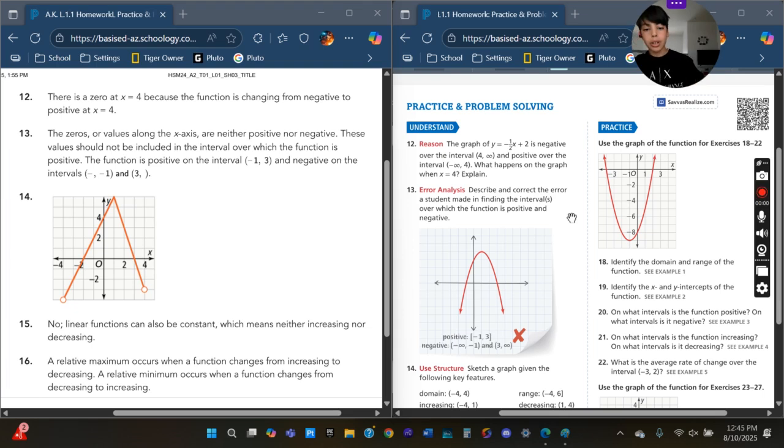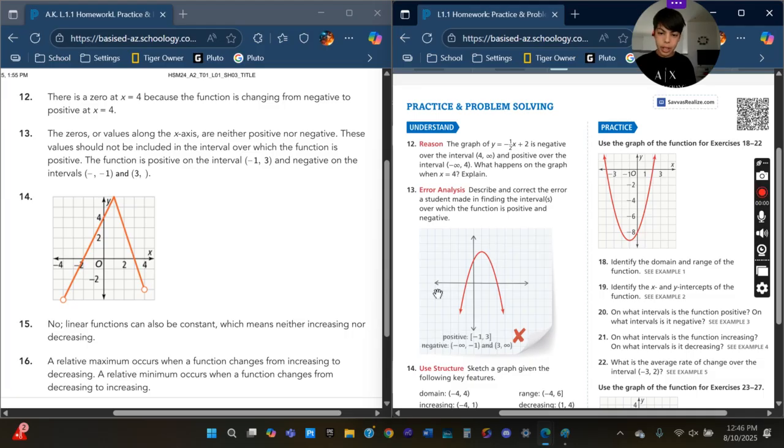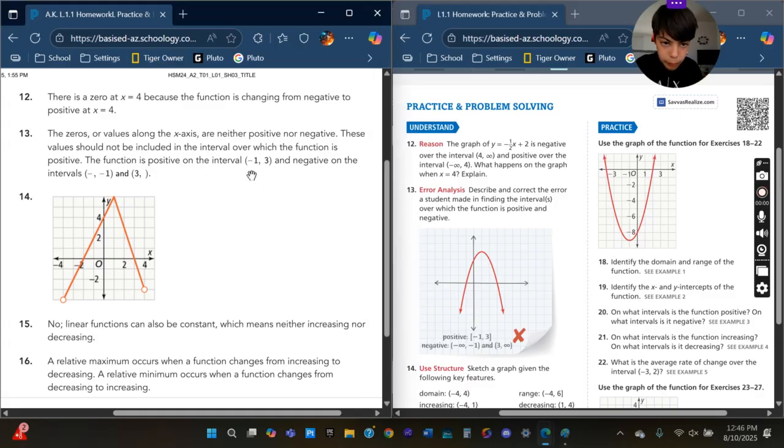The correct answer for negative 1 and 3 should be in parentheses right here, not in brackets, because brackets mean it includes that, but parentheses mean it doesn't, and it can't include it because you can't include anything on the border. So it has to be before it or after it, in this space or this space. That's why it's incorrect. The correct answer is right here: negative 1 and 3 in parentheses.